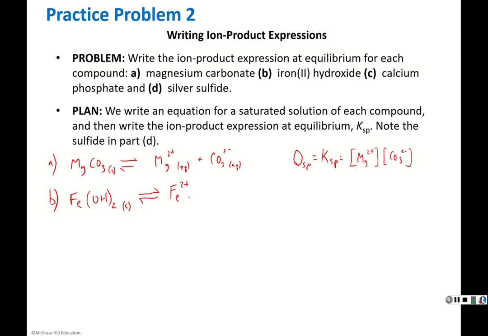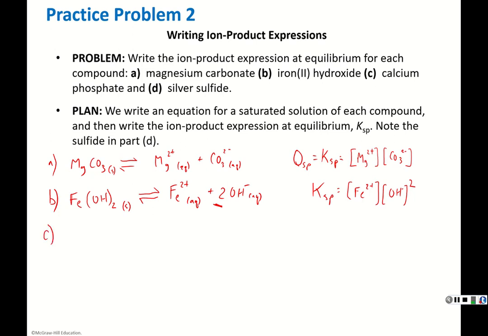So when it dissolves in water, we'll get Fe2+ plus 2 OH minuses. And now our KSP becomes Fe2+ times OH minus concentration squared, because we have this 2 there in that balanced equation.